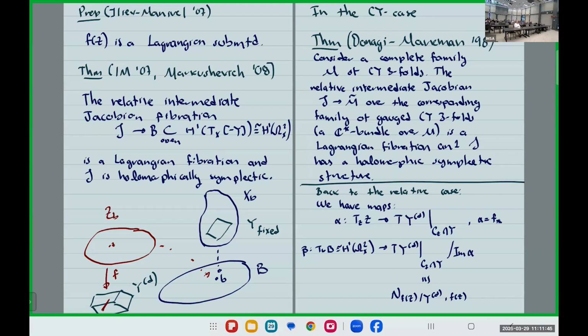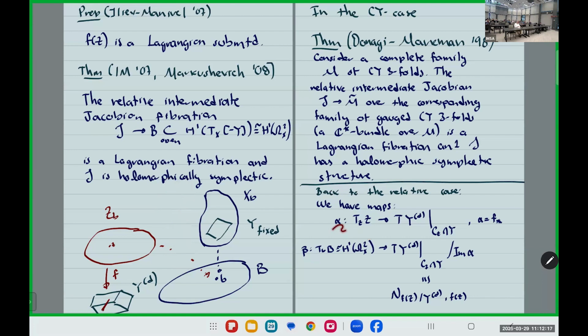So now let me continue introducing more notation. So we have a relative situation here. For every point, we have the parameter space of curves inside X_b, and this will map to the symmetric power of Y, and we also have the relative Jacobian fibration.